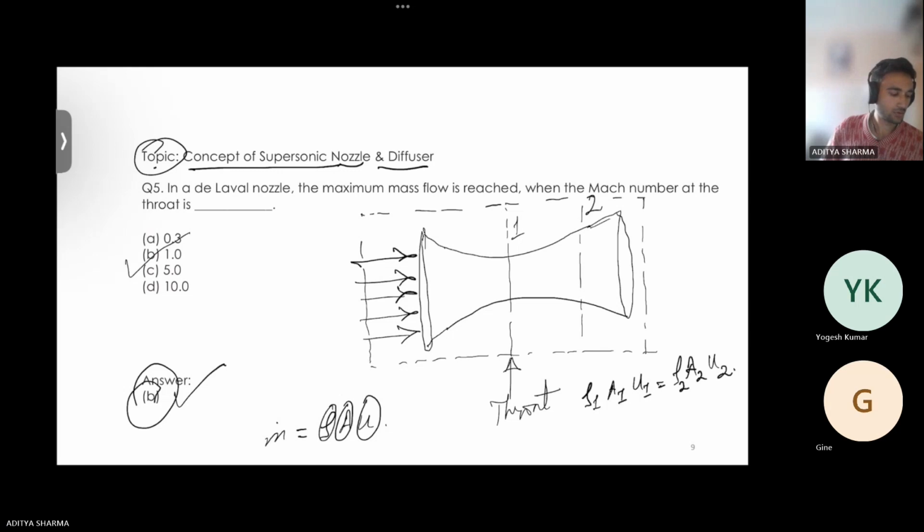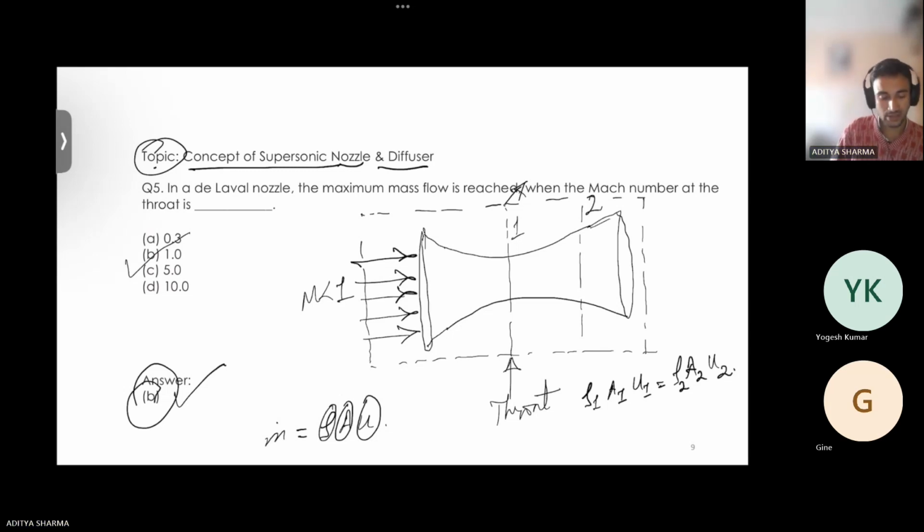How to explain it? So when the flow reaches a throat, let us suppose there is a subsonic flow. If this subsonic flow enters the convergent section of this de Laval nozzle, then if we see the area-Mach number-velocity relation, it obviously points to the fact that the velocity here will increase.